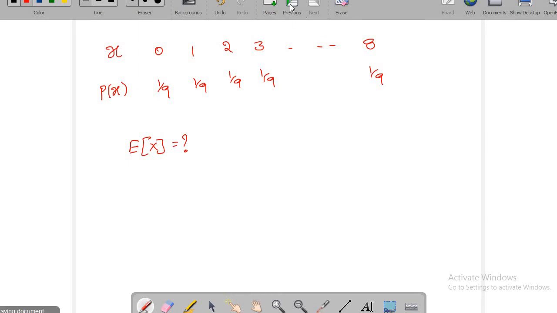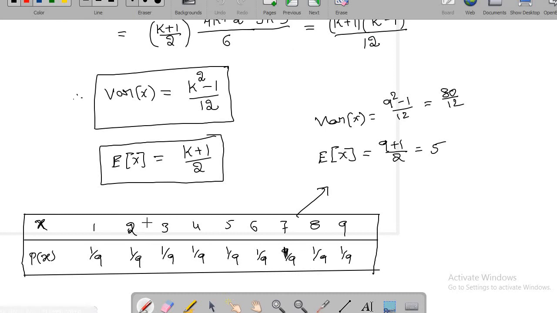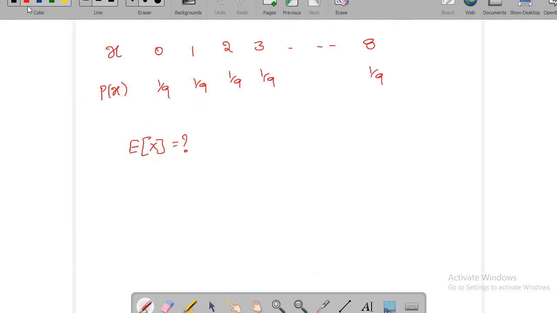Now what you have to do is, try to construct a bridge between these two problems. One starts from 1, the other starts from 0. So try to define a function y which connects this one and the previous problem. Instead of writing x and p(x), let me write y and p(y).